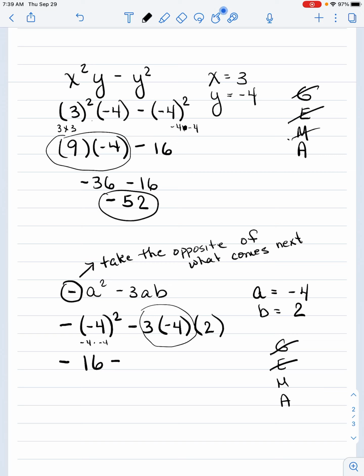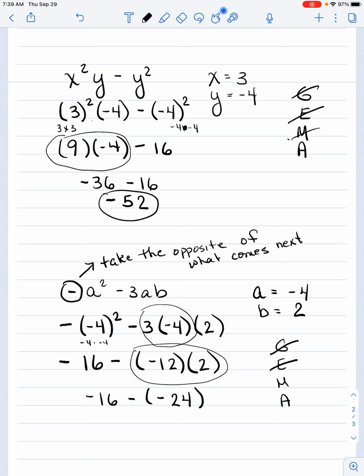Okay, because we're done with the exponents. 3 times negative 4 is negative 12 times 2. Okay, more multiplication. We have negative 16 minus, let's see, a negative 12 times 2 is negative 24.